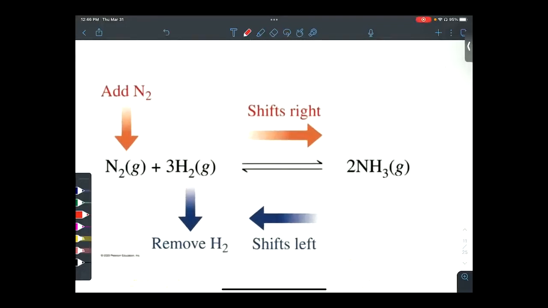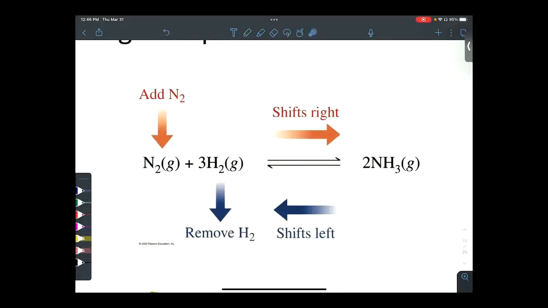So here's one example of how a change will be worded. Given this chemical equilibrium, nitrogen plus 3 H2 gives 2 ammonia, NH3, if this reaction's at equilibrium and I add more ammonia, I'm adding more stuff to the product side.